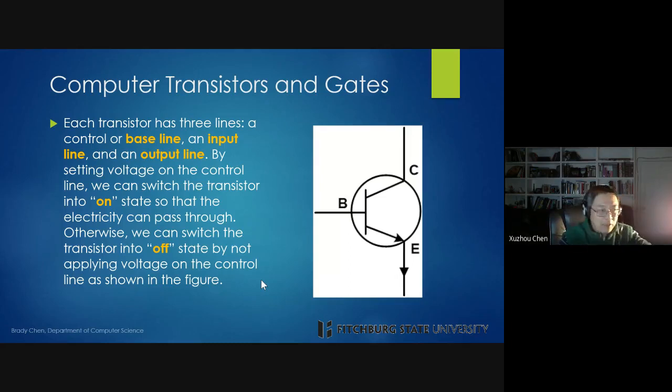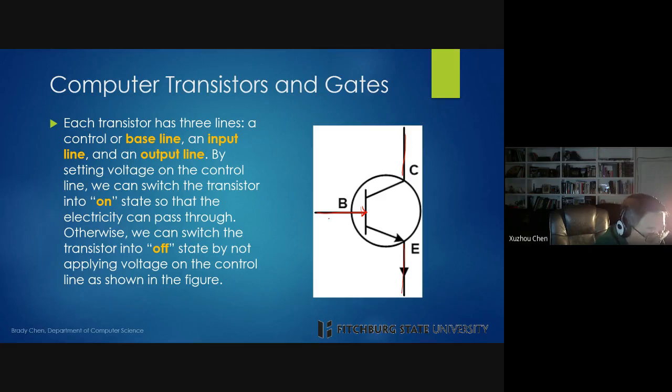If you try to draw this using a diagram, then the computer transistor can be represented like this. You have three lines for each transistor. You have a base line, the input line, and the output line.